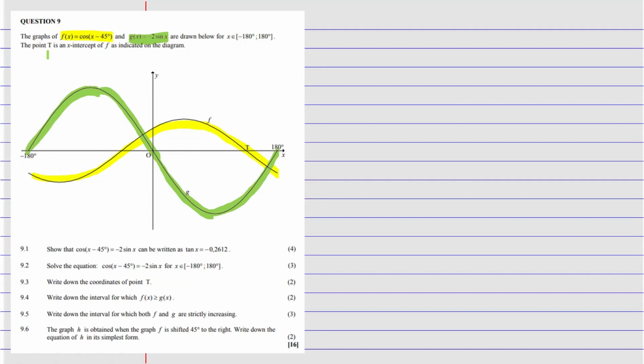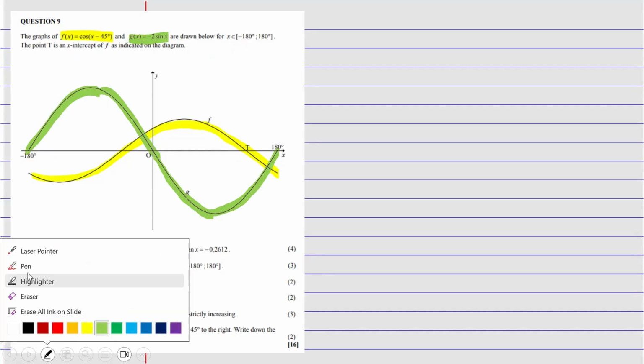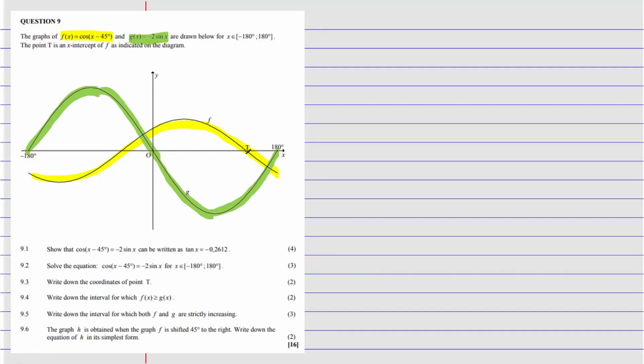And they tell us that the point T is the x-axis. So we see the point T here, this point here, is the x-axis of the function f, which is the yellow one, as indicated in the diagram. Is everyone fine so far? Yes, ma'am. Okay, cool. So now we're going to move into the first question, which is 9.1.